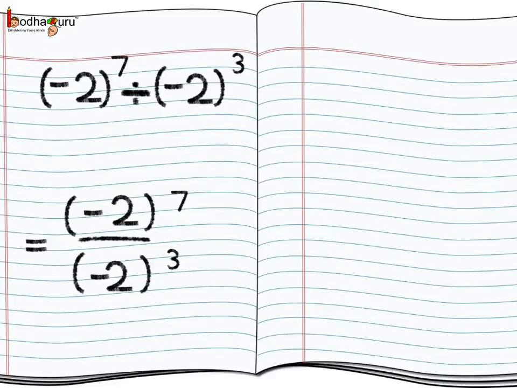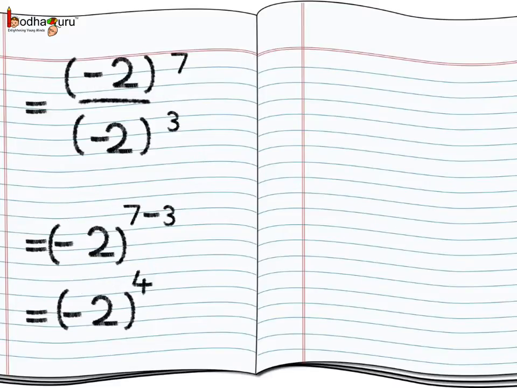Look, the bases here are negative values but are the same. So, the value of minus 2 to the power 7 divided by minus 2 to the power 3 is equal to minus 2 to the power 7 minus 3. Thus, the answer is minus 2 to the power 4.